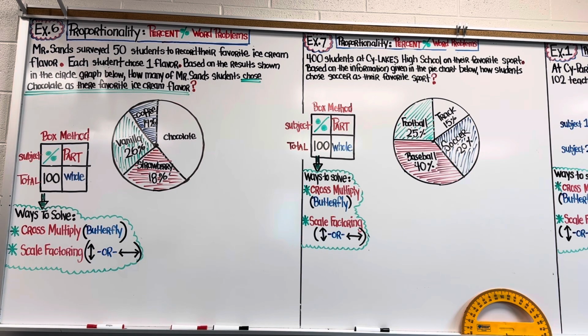Now remember, guys, dealing with percents, there are three important parts. You have the whole, which is the total amount of participants, or the total amount of whatever we're talking about. We have the part, which is part of the total, and then we have the percentage that represents the part. So what was the total number of students that did the survey?